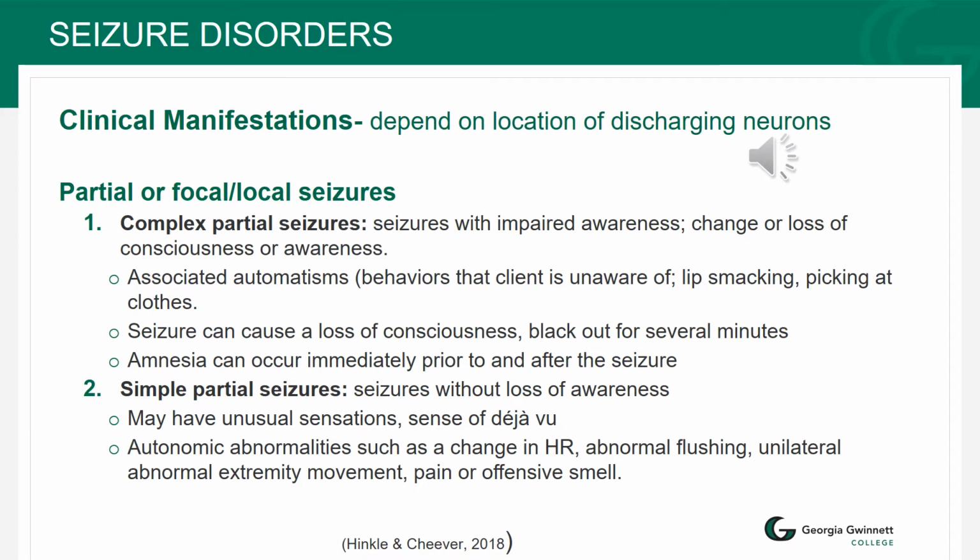Depending on what part of the brain the seizure activity begins in will depend on what you will see in your clients. If your client has what's called a complex partial seizure, they have lost consciousness, or they have a change in their consciousness or awareness. They may have behaviors that they're unaware of, such as picking at their clothing or smacking their lips.